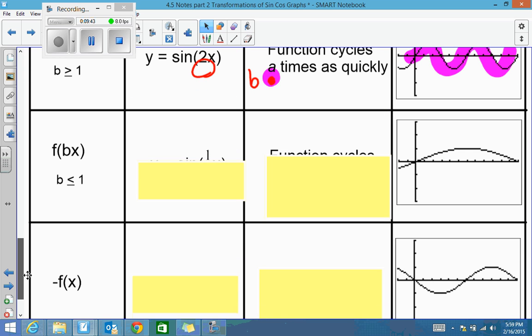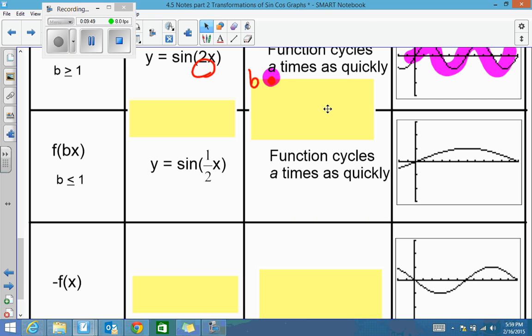If we have a b value less than 1, it's a fraction, so it means it's going, again, b times as quickly, but with it being a fraction, it means it's actually moving slower. So it's going half as quick, is one way to think about it.